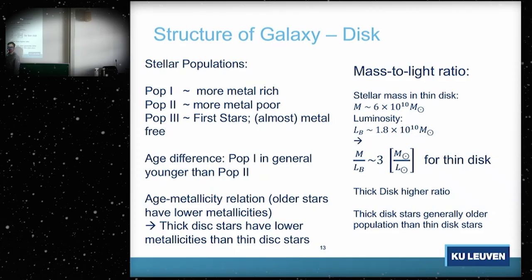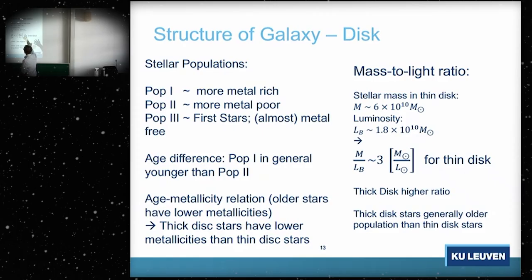Because they have on average lower metallicities, meaning they have not had time to undergo as much chemical enrichment, thus they are older, formed earlier. Then it also makes sense that the mass to light ratio for such older stellar populations is higher than the mass to light ratio for younger stellar populations.